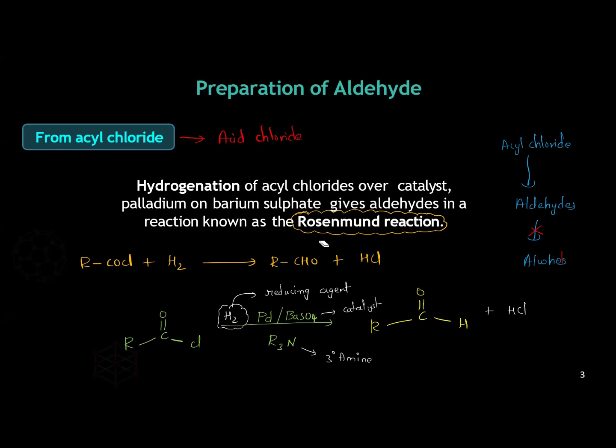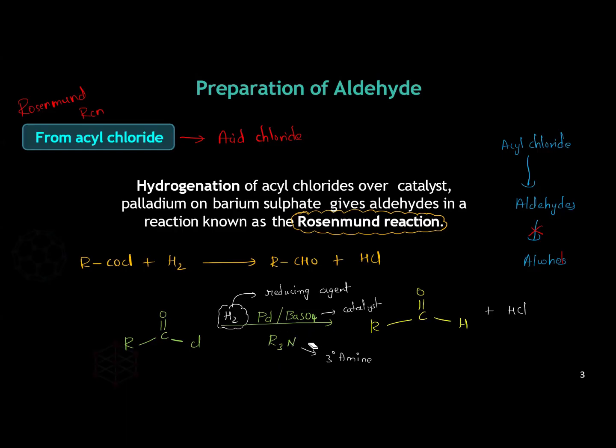So what we are doing here is the preparation of aldehydes using the acyl chlorides, and this reaction is known as the Rosenmund reaction. Just remember this. We are taking the acyl chloride and the hydrogen gas, which acts like a reducing agent. We are doing the hydrogenation here. There is a catalyst, palladium on barium sulfate, and you are taking a tertiary amine.